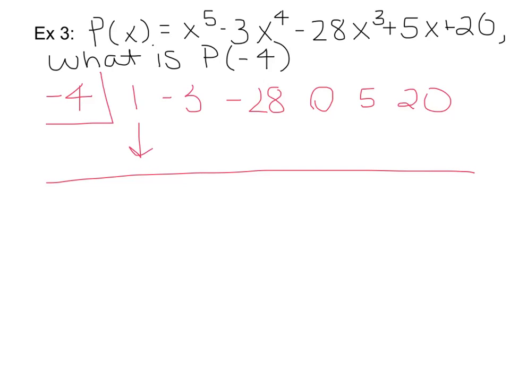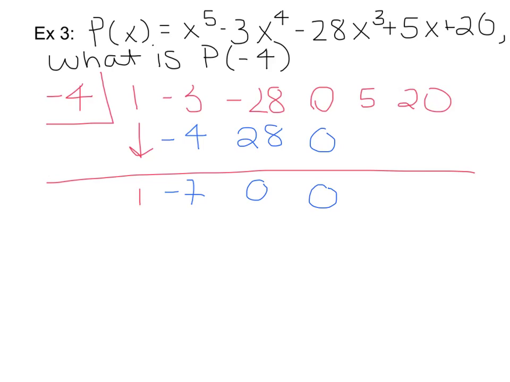Okay, bring down the 1. Negative 4 times 1 is negative 4, and negative 3 minus 4 gives me negative 7. Negative 4 times negative 7 is 28. Negative 28 plus 28 is 0. Negative 4 times 0 is 0. 0 plus 0 is 0.